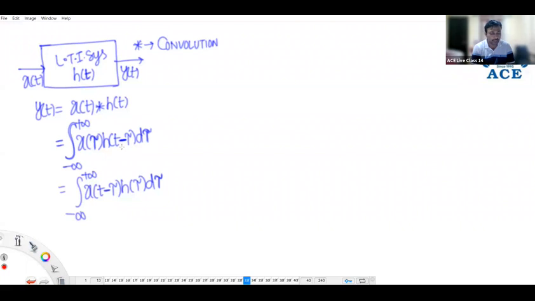What is the sequence of steps to be followed in convolution? Depending on your convenience, you have to fold any one signal, either h of minus tau or x of minus tau. Later on, the folded signal is shifted. Then we multiply with the other signal. So the third step is multiplication, and the fourth step is integration.